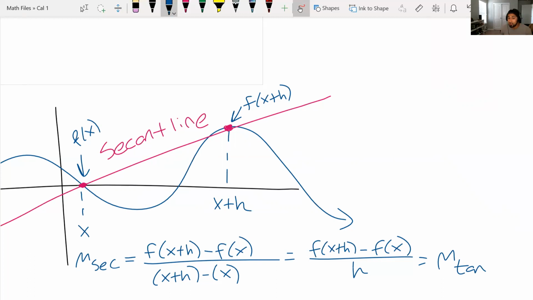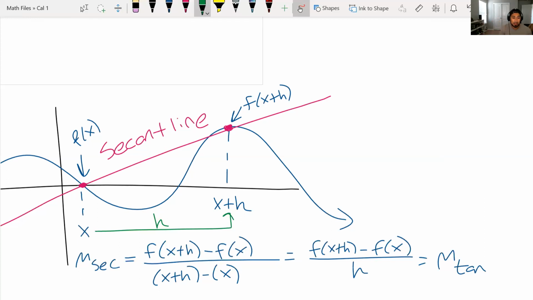The distance from x to x plus h is represented as h. I wish I had a whiteboard so I could show it moving.